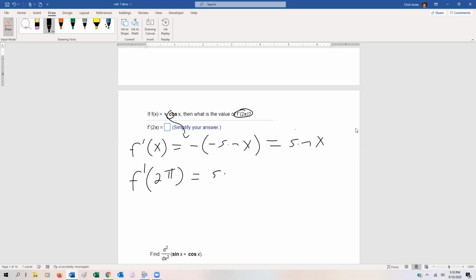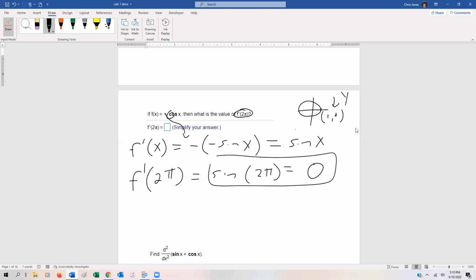That gives us sine of 2 pi, and on the unit circle, 2 pi is a complete revolution, which means we end up at the point (1, 0). Remember, sine is the y component, and y is 0 at 2 pi, so this would be equal to 0. Another way you could do this is just throw it in your calculator if you're not too good with your analytical geometry. However, hopefully this helps you figure out why that's equal to 0.